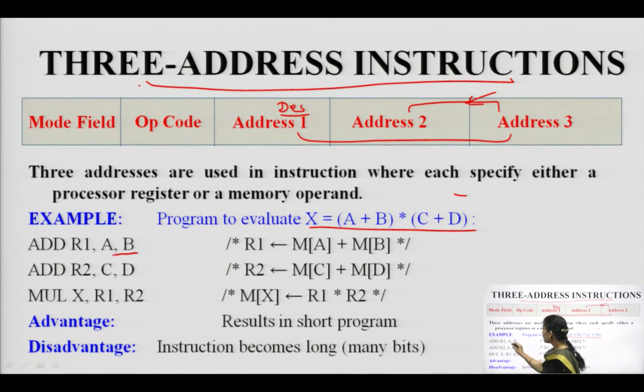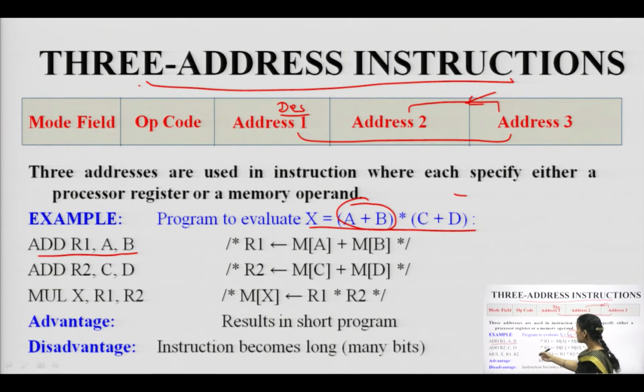The first step I will perform is A plus B. So, the first instruction that we will write is ADD, the operation that I am performing, then the destination register, which I have taken as some temporary processor register specified by R1, then A and B.